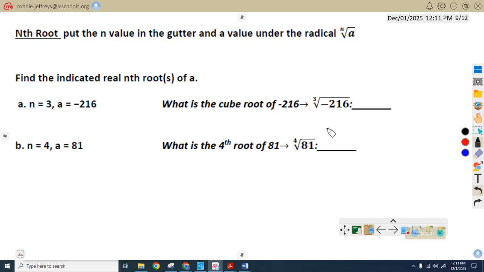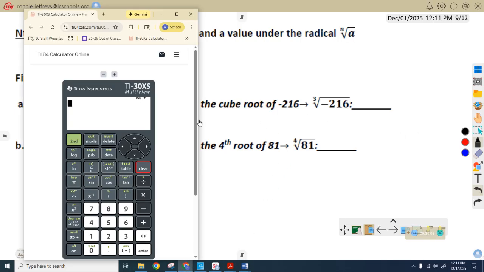Now, if we do this, all right, 3, second, raise the roof. Negative. The negative is down here, not the minus. Negative 216.